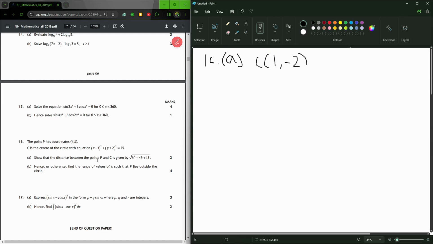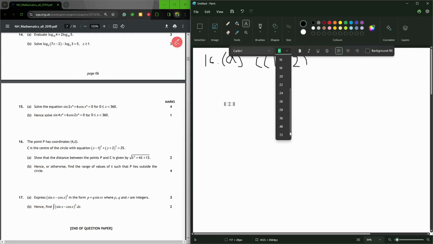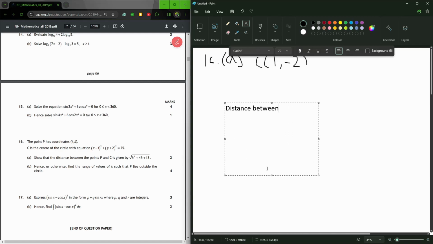Righty. Show the distance between points P and C. So we need to calculate the distance between P and C. And we already know that P is (4, k). So the way we do this is there's a distance formula that everyone loves that doesn't remember. But I'm just going to say, can I please type in my box, please? That'll be lovely. Distance between P and C, I'll expand this out so you guys can actually see what I'm on about.